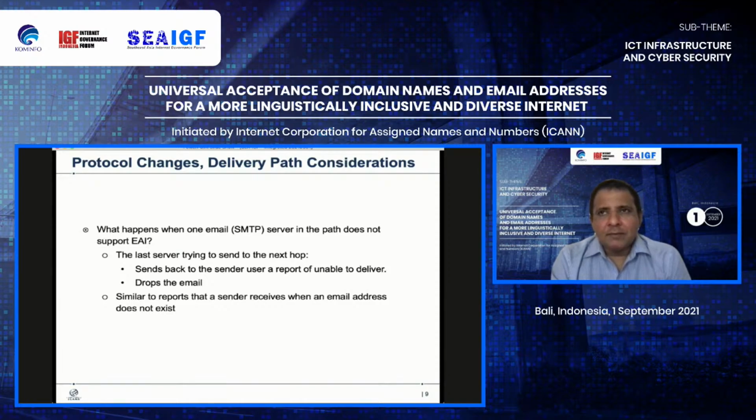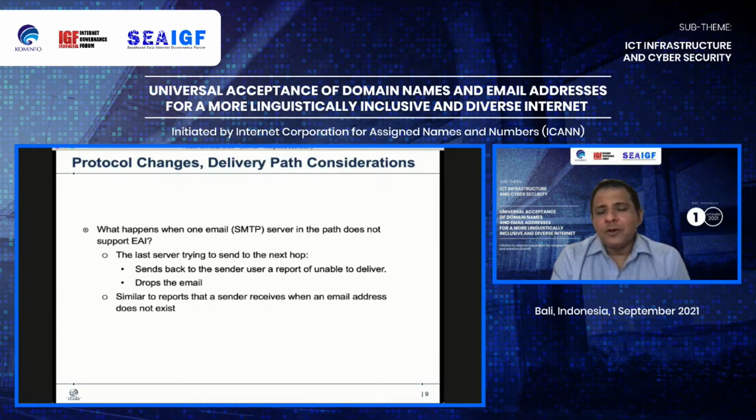For a given domain, you might see many MX records, or a number of mail servers. Especially if you are configuring these mail servers or your DNS, make sure that all those mail servers that you are listing in your DNS can all support EAI. Otherwise, if only some of them can support it and some cannot, then in case one fails, depending on different priorities and so on, the email can take different paths.